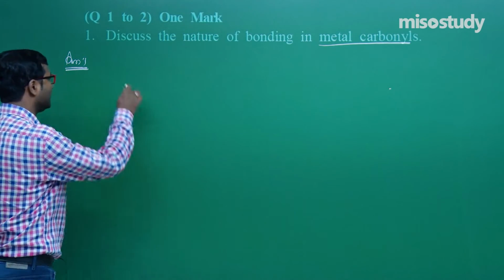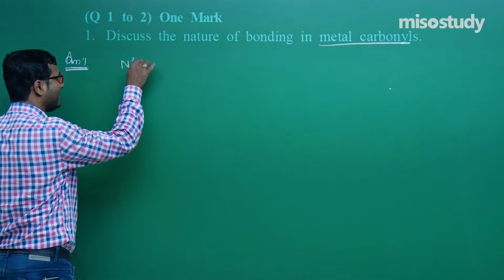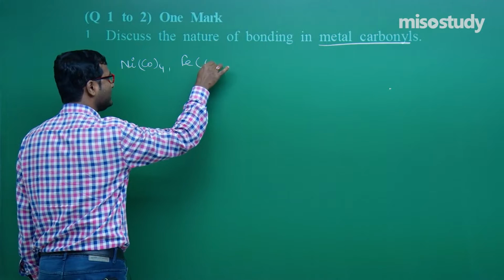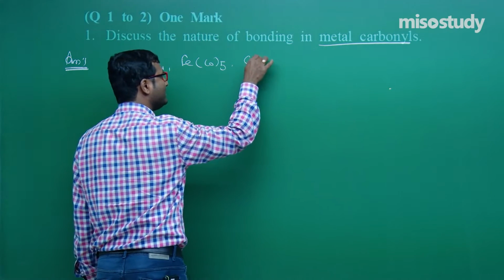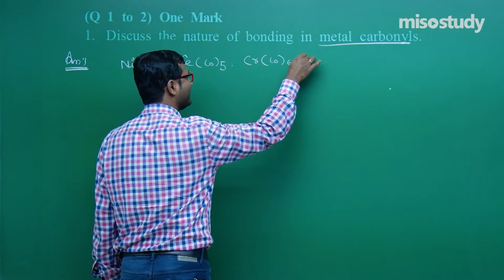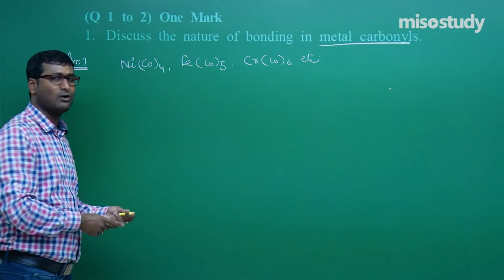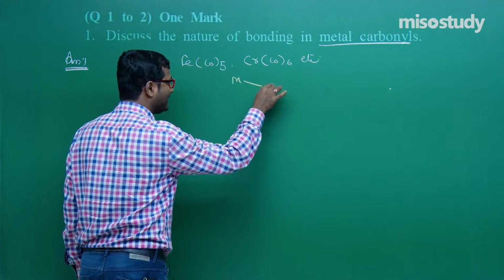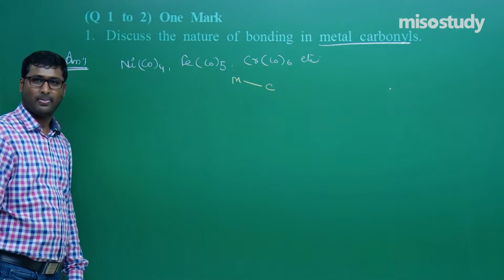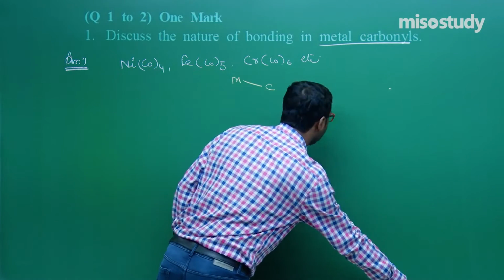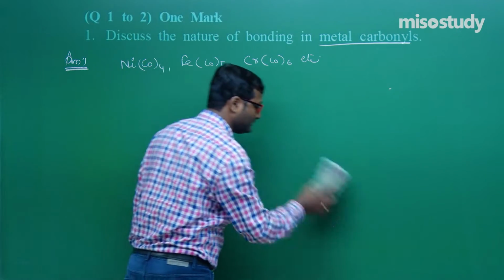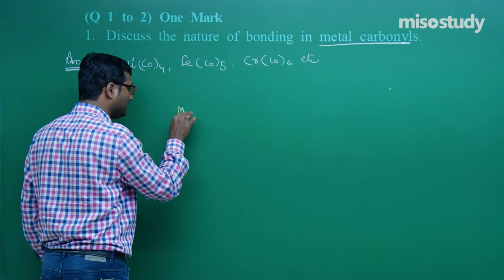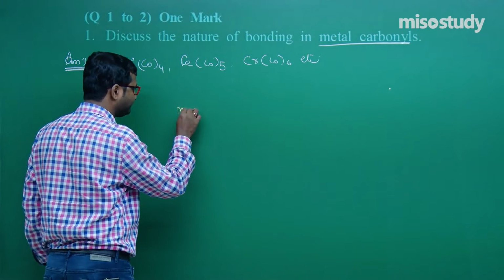Do you remember the example of metal carbonyls? NiCO4, FeCO5, CrCO6, etc. These are the metal carbonyls, organometallic compounds, that is, there is a linkage directly between metal and carbon. Clear to you? Yes. What is the bonding here in this case? Listen. Suppose this is a metal, clear?